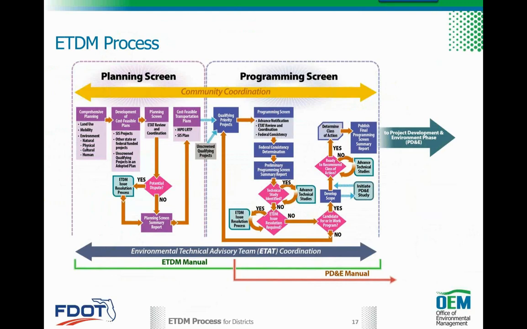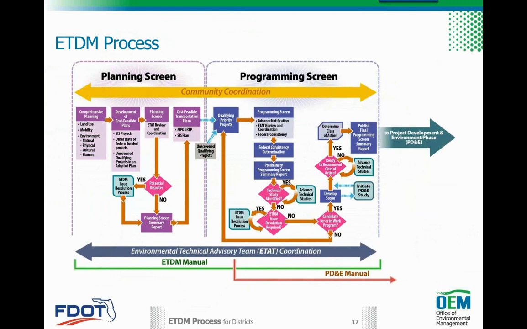And so now this annual event is looking at these proposed projects and any alternatives, and looking at all those environmental considerations and whether or not there are any new critical concerns that may have been identified that weren't there previously, because depending on how long it's been between a planning screen and a programming screen, a lot may have changed.